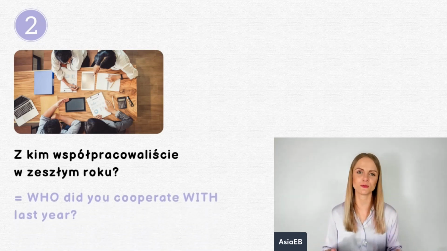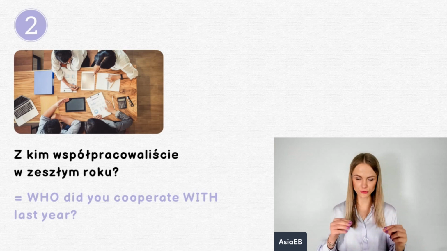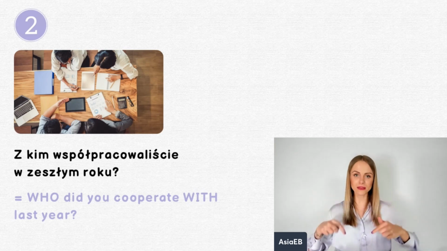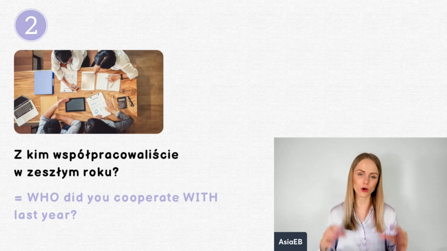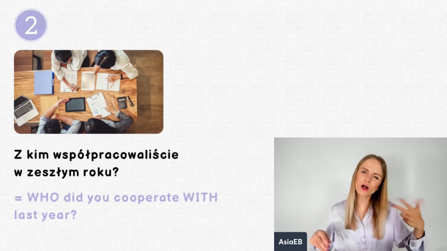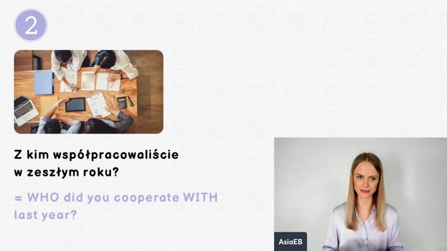So the question will be, who did you cooperate with last year? Again, cooperate with, it's a collocation, you can't split it. So preposition almost at the end because last year is at the end.